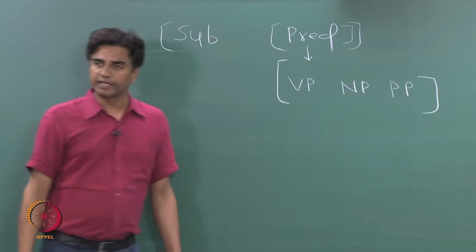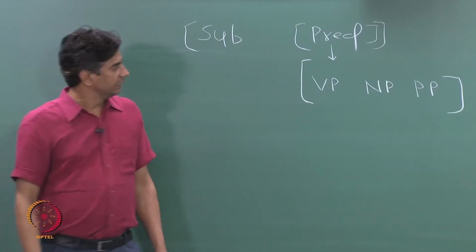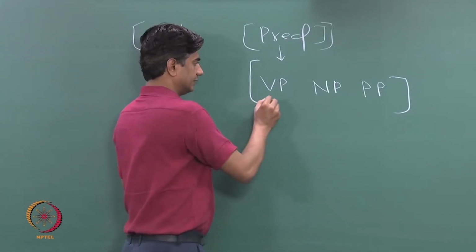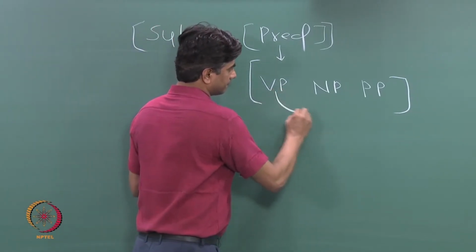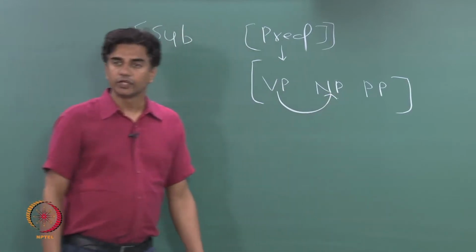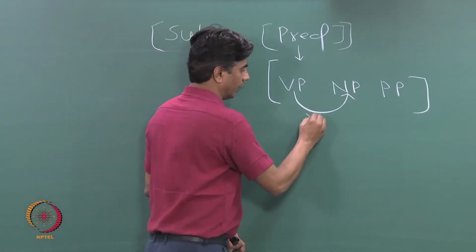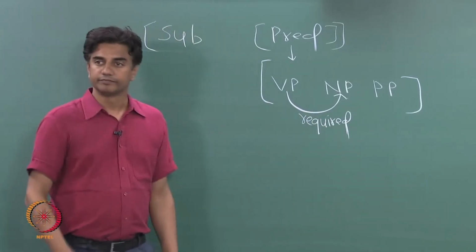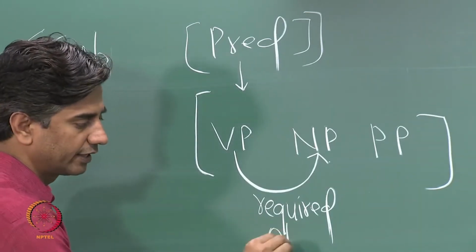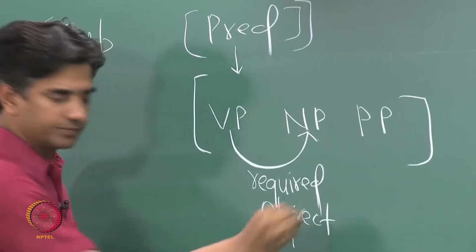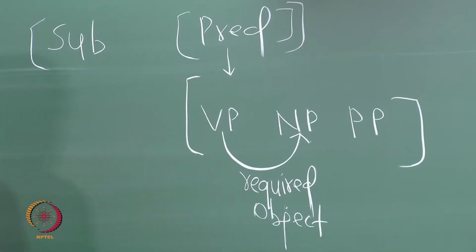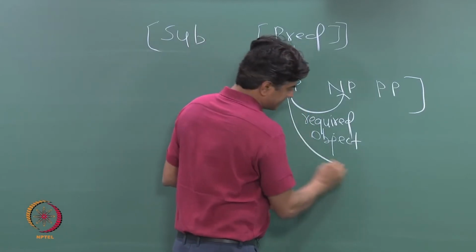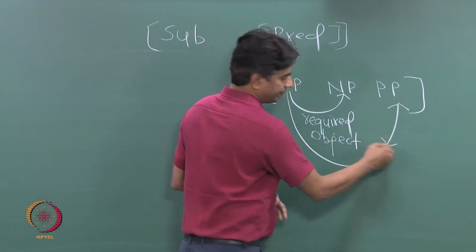This could be a potential predicate, right? Now, then we know that this NP could be required, right? That is, it could be the object of this verb, right? And then we also know that in the same sense, this PP may not be required.